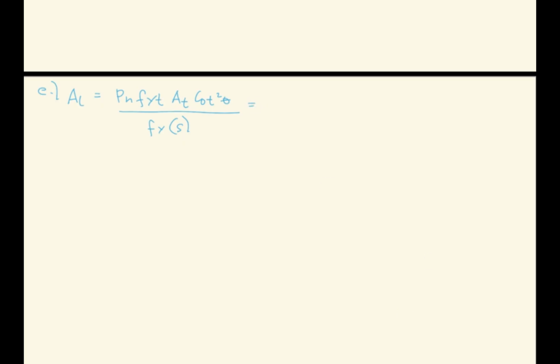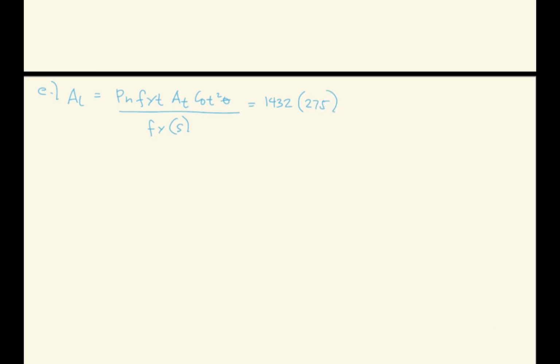So the values of each of the variables in this equation are already determined earlier. We have Ph as 1432 mm multiplied by 275 megapascal.